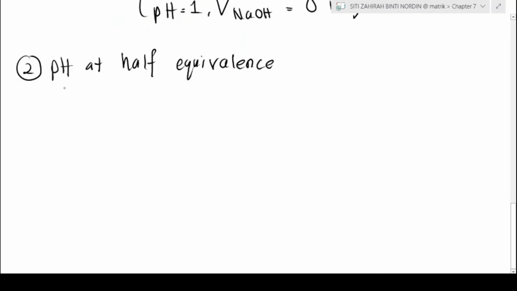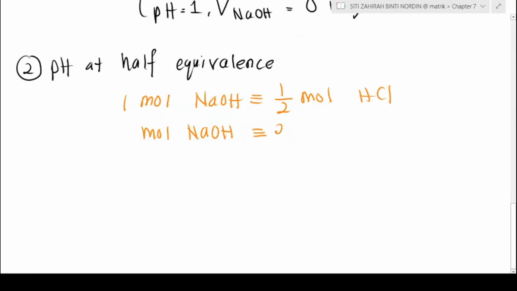Second point is to find the pH at half equivalent, which means our equation would be 1 mole of sodium hydroxide is equivalent to half mole of hydrochloric acid. So what is the mole for our sodium hydroxide? That would be 2.5 times 10 to the power of minus 3 divided by 2.